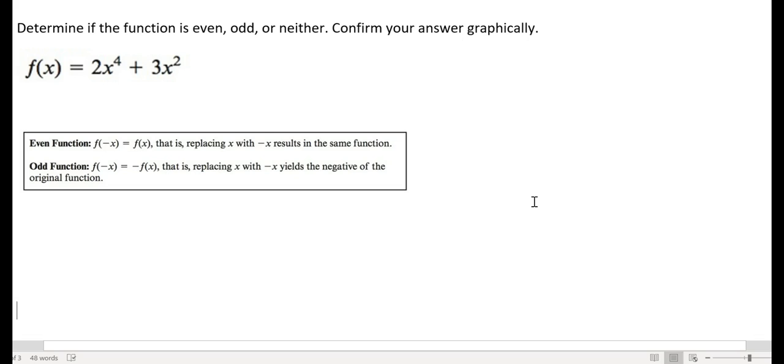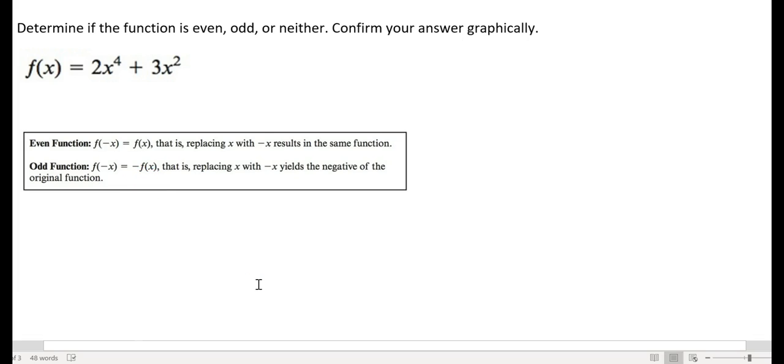In other words, you can put in a positive value for x, and then put in the same value but negative, and you'll get the same output, okay? An odd function, when you put in the opposite value for x, instead of getting the same output for y, you'll get the opposite. You'll get a negative value for y, okay?